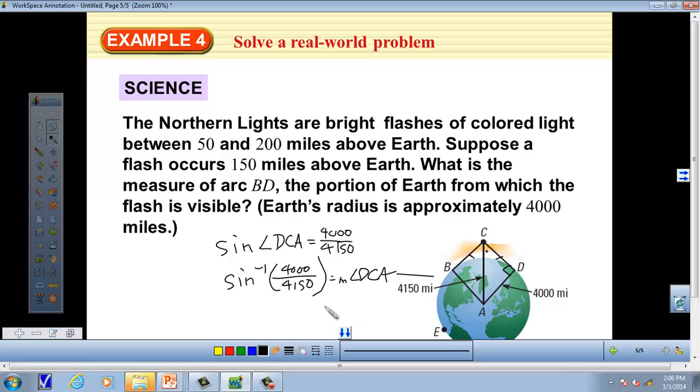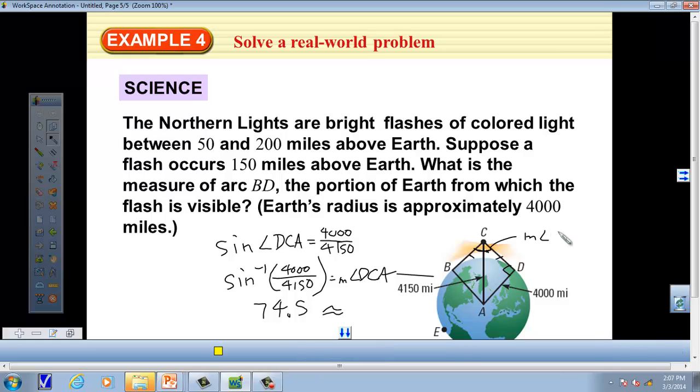And the answer is approximately 74.5. So therefore, since that's 74.5, we can state that this angle going across here is twice that. So it would be this angle, the measure of angle DCB.